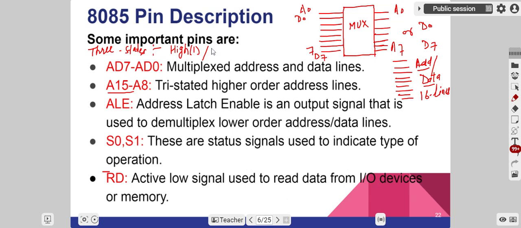You already know the meaning of low, that is logic 0. And the third state is called the high impedance state, which is represented by the letter Z.